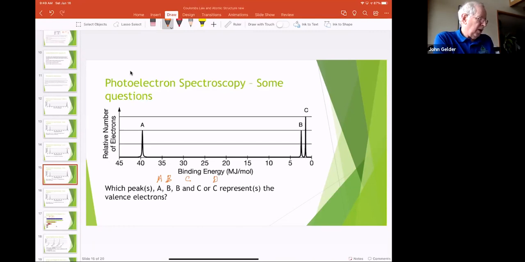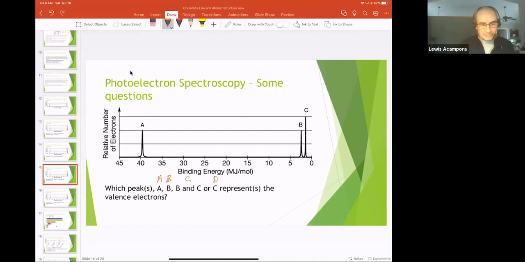Which peak or peaks represent the valence electrons for this atom? Okay, we'll take about 10 more seconds.